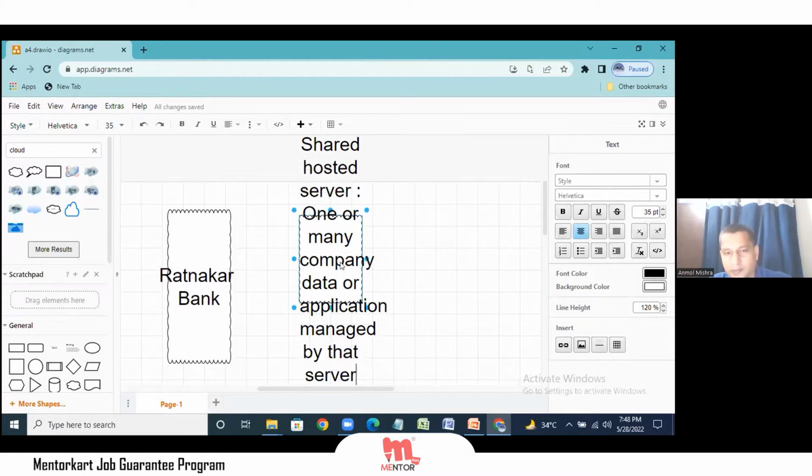Write down: shared hosted server, one or many, or multi, three, four, many, companies' data or application managed by that server. That is called a shared hosted server.